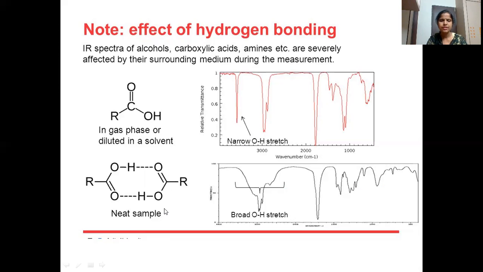Whereas when it is in the form of a dimer, we can see the intermolecular hydrogen bonding between the two molecules of carboxylic acids. This is a dimer, so it is intermolecular hydrogen bonding. You will get a broad OH stretching vibration in this way. So intermolecular will give a broad band, whereas intramolecular will give narrow OH stretching bands.